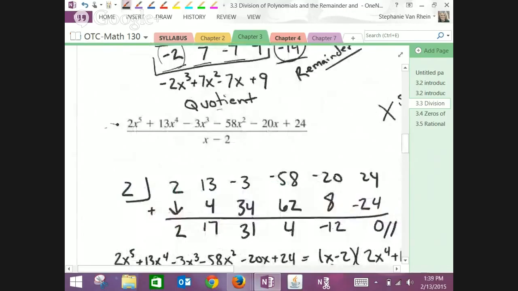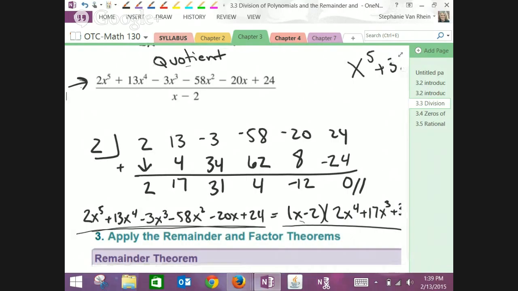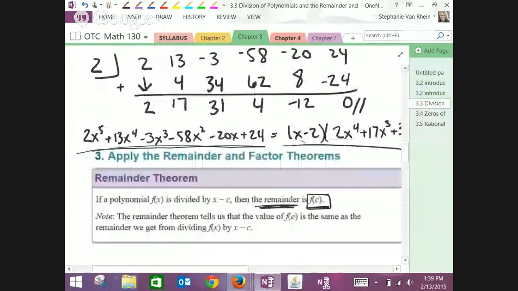However, I would probably need a calculator or be very careful plugging in 2 there. I have to take 2 times 2 times 2 times 2 times 2, plus 13 times 2 times 2 times 2 times 2, minus 3 times 2 times 2 times 2, versus doing synthetic division, where I get the remainder of 0. Some things like 1 are really easy to plug in and see factors.